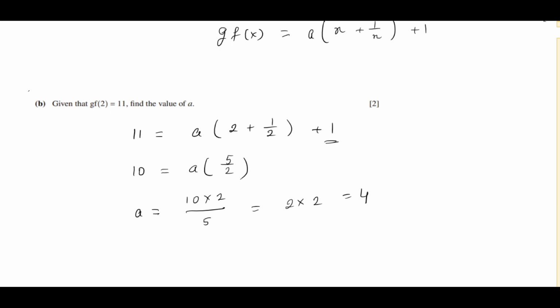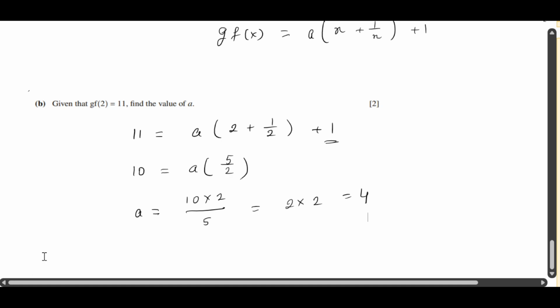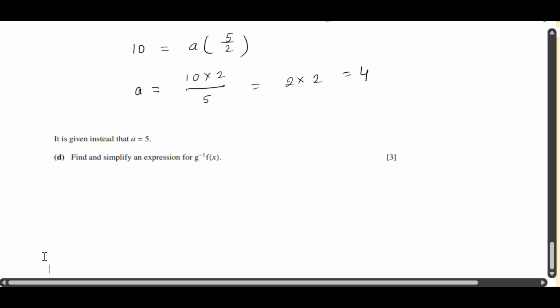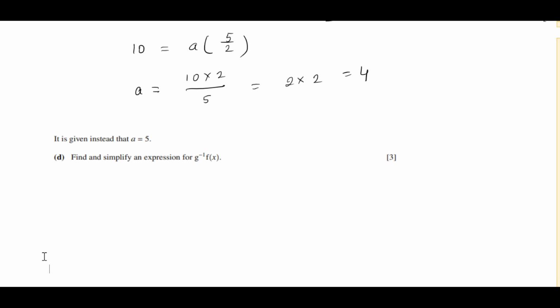So now, okay, now we have a little tougher question, again related to the previous one. The question is: it is given that a is 5. Find and simplify the expression of g inverse of f(x).